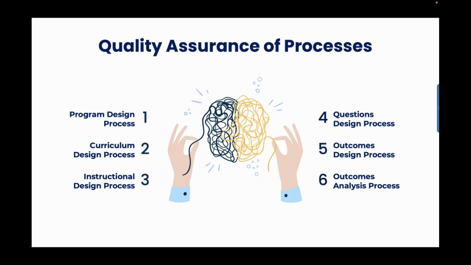If you have a right way of measuring the success of the students or their learning outcomes, then that data could be your feedback to the process of quality assurance.